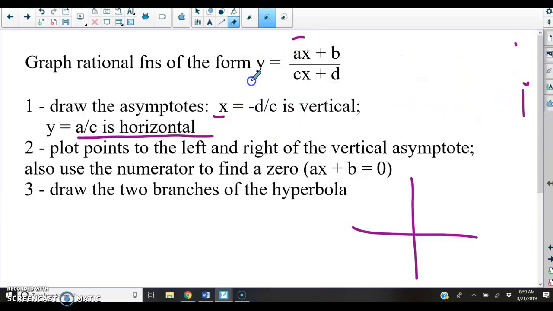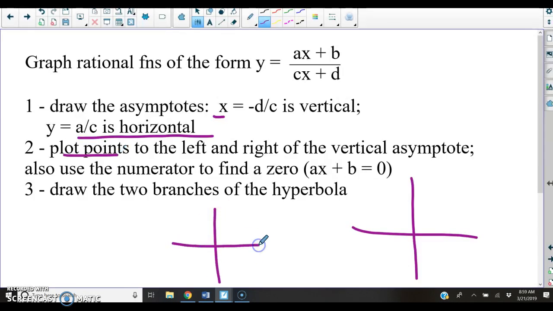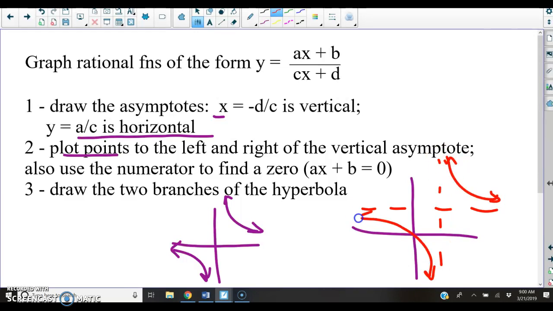I'm going to clean this up. Then we're going to plot some points to the left and to the right of your vertical asymptote. We're also going to try to find a 0 from our numerator. Draw the two branches of the hyperbola. They should be in opposite quadrants, and I'm using that generally because if you have moved your center because of your vertical and horizontal asymptotes, maybe the quadrants aren't real true.